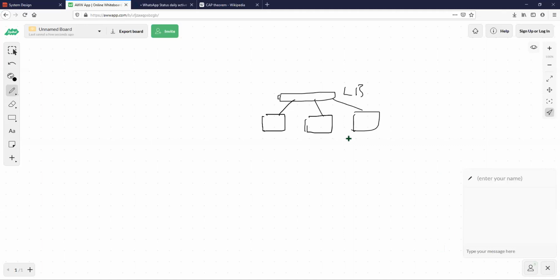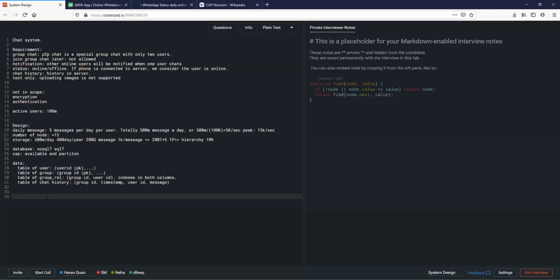So then each node will handle the operations like... I think we need to talk about the API first, what kind of operations. We have an API called sync user group.